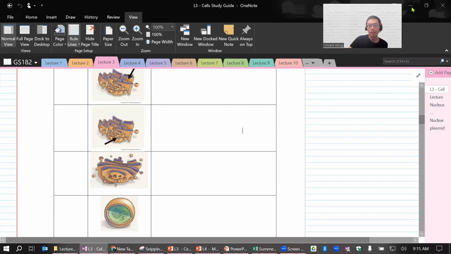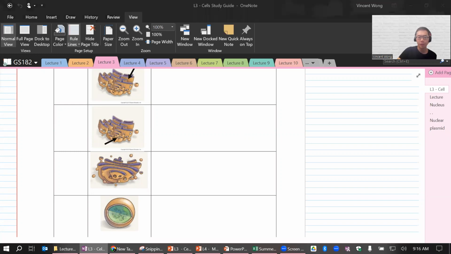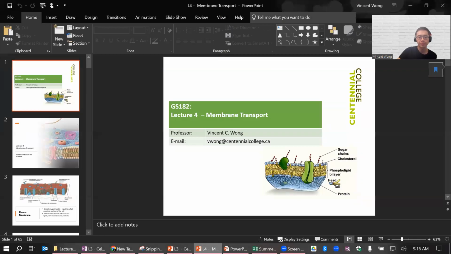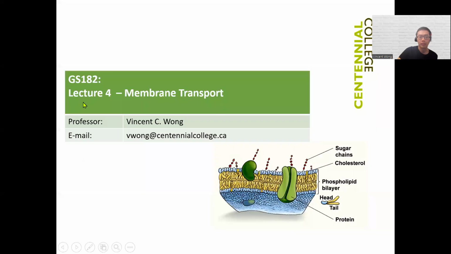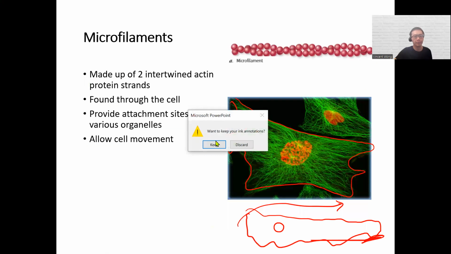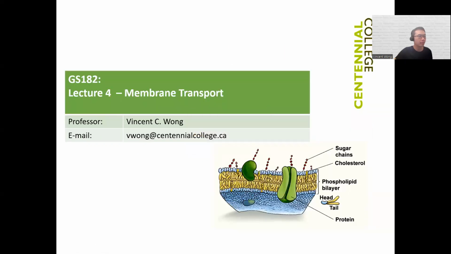All right, so let's do lecture 4. Lecture 4 is about membrane transport. We already know there is a cell membrane that is selectively permeable.